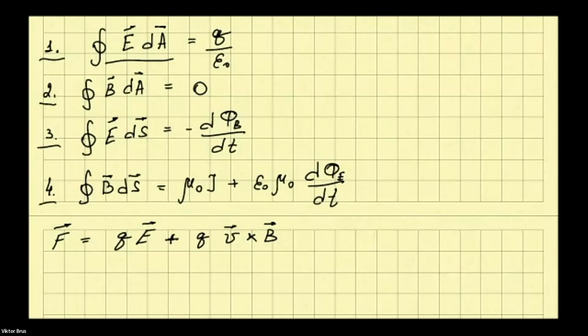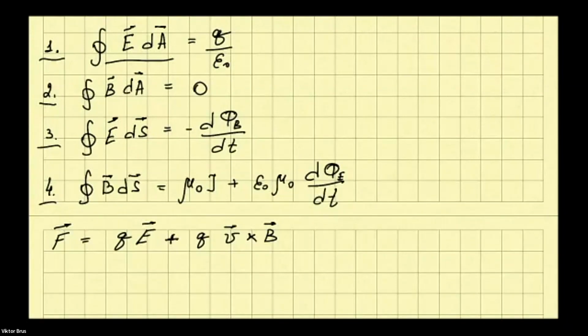So number 4 equation, which we already considered but is worth repeating: the same integral over a closed path of the magnetic field vector times the displacement vector ds, in the scope of the Ampere-Maxwell law, is equal to the product of the permeability of free space mu naught times the conductivity current I, plus the product of epsilon naught, the electrical permittivity, times the magnetic permeability of free space mu naught, times the first derivative over time of the electric field flux.